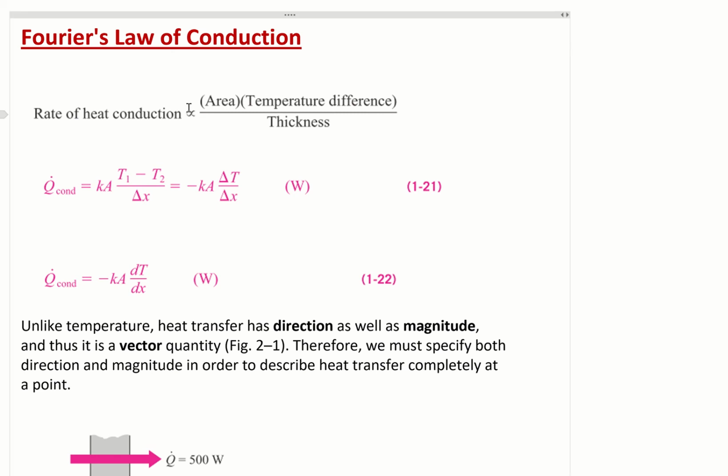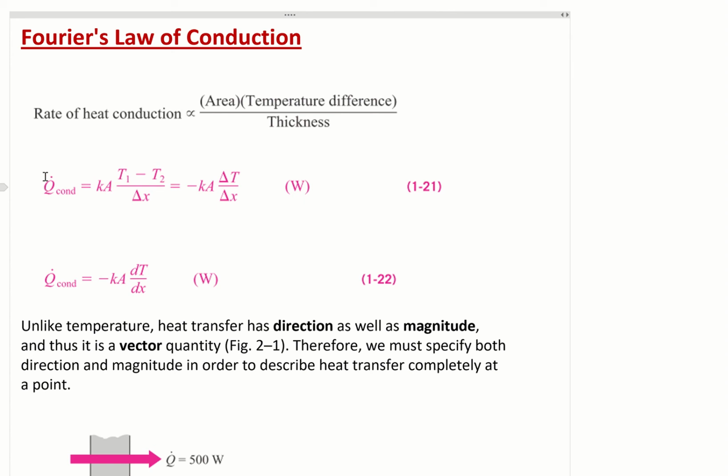And Fourier's law says that the rate of heat conduction is proportional to the area times the temperature difference divided by the thickness. So the rate of heat conduction we call Q dot, big Q dot, not to be confused with the little q dot, which is heat flux, which is rate of heat conduction divided by area.